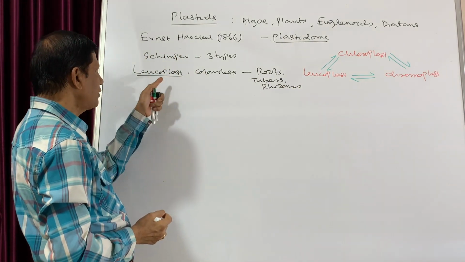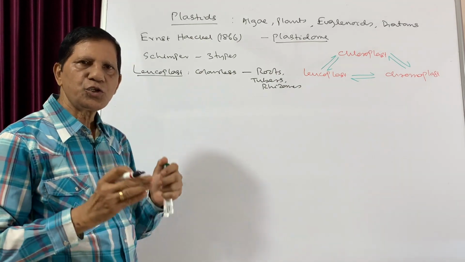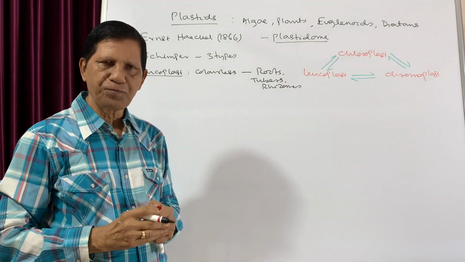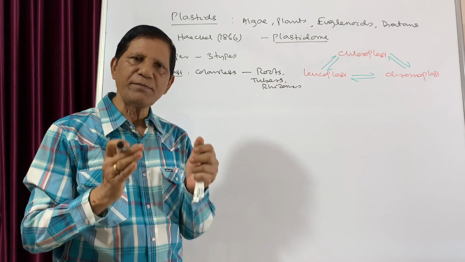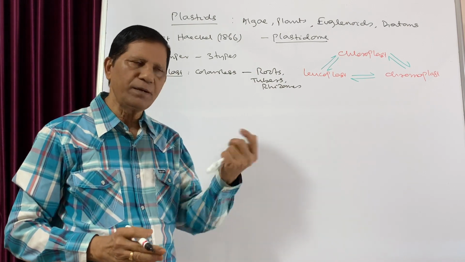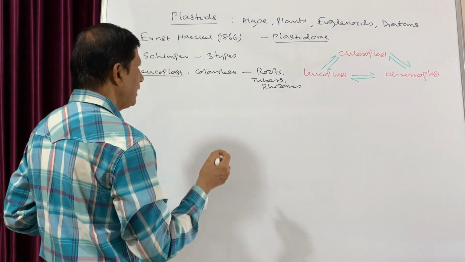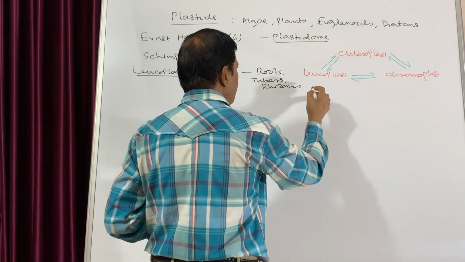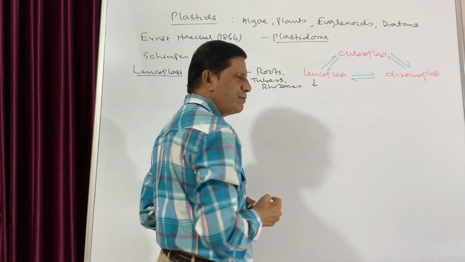Their main function is storage of food materials. Depending upon what type of food they store, leucoplasts are of three types.